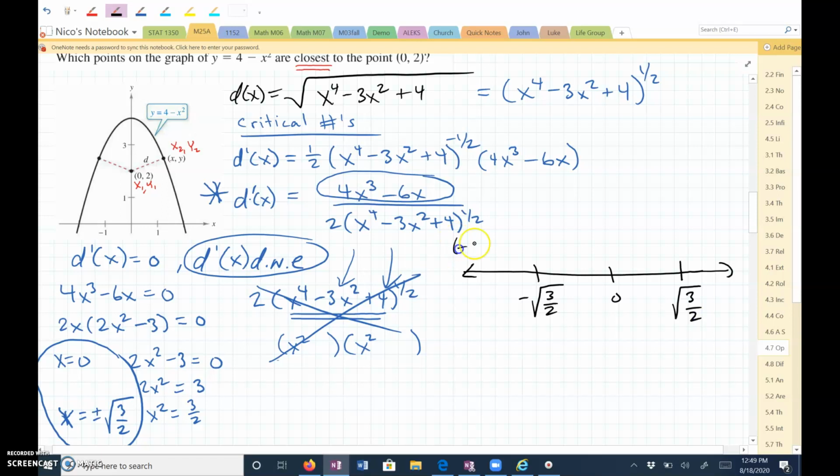Alright, so we got from negative infinity to negative radical 3/2, negative radical 3/2 to 0, 0 to positive radical 3/2, and radical 3/2 to infinity. So we're going to test each of these intervals, see if it's increasing or decreasing.